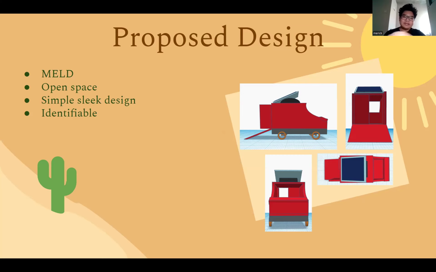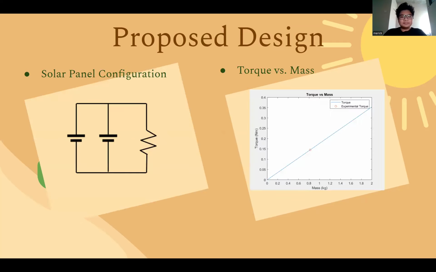There's also going to be an X-ray machine inside of the vehicle, also having space in the front and the back, with movement of the solar panel, so you can move it to any part of where the sun is.